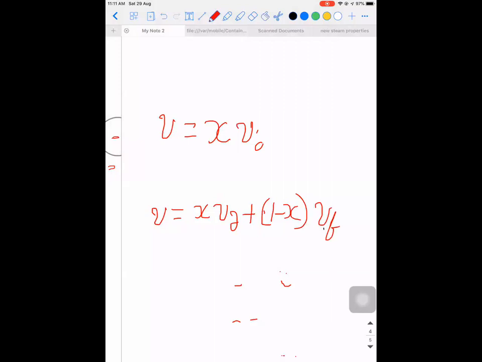This is what exactly. Now we'll see what Vg and Vf are. We have to get them, sir. And I already told you V is also equal to this Vg.